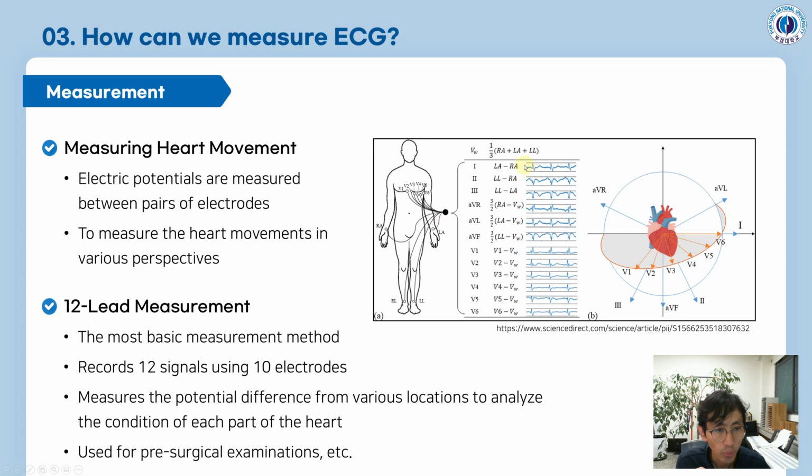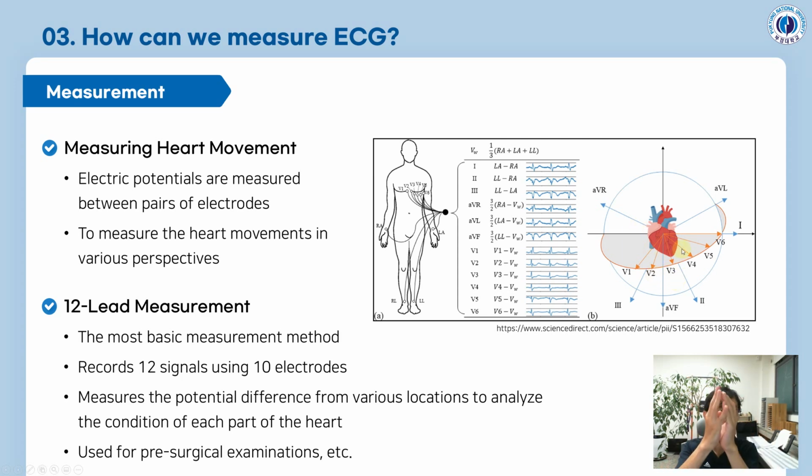Then we get this kind of signal. And also we can get LL minus RA, subtracting the right arm signal from the left leg signal, and then we get this kind of signal. Using this way we can get the 3D movements.